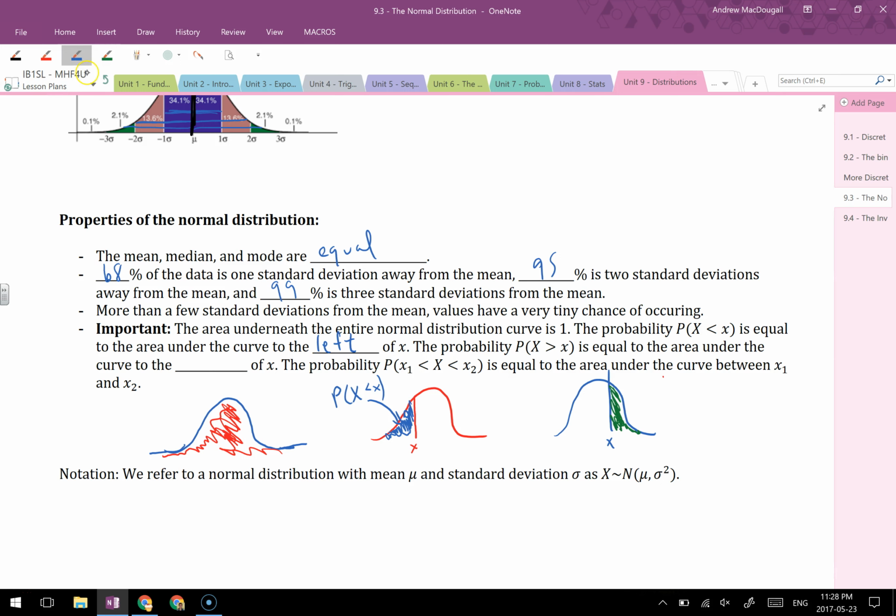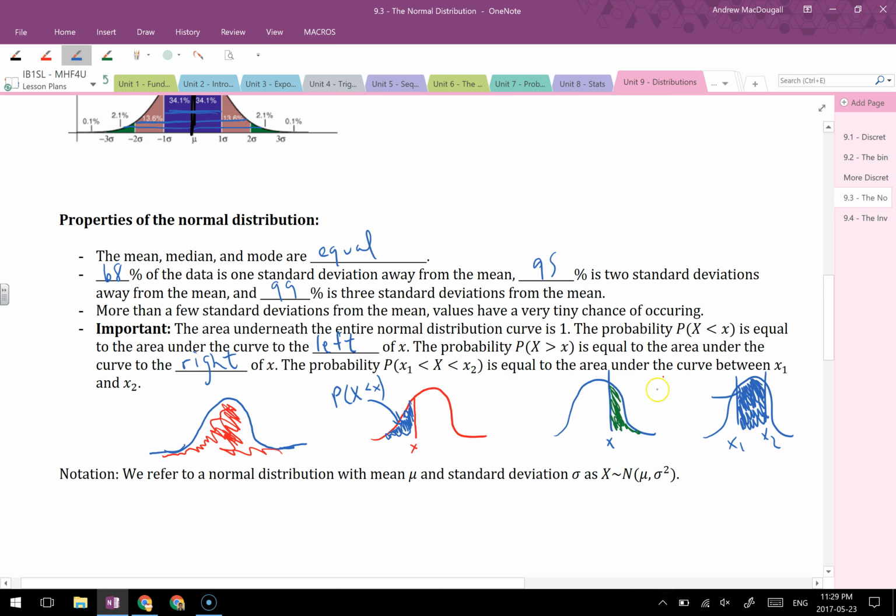So that should say right. And in the final case, if we have two little x's, x1 and x2, the probability that x lies between x1 and x2 is given by the area between those two values.